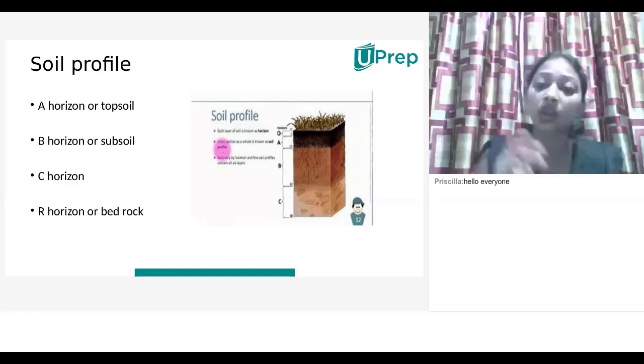The layers of the soil consist of organic matter. Organic matter means humus, minerals, dead and decaying plants and everything. When the roots penetrate inside, from the roots they take all the minerals required and pass them through the roots to the shoot system.